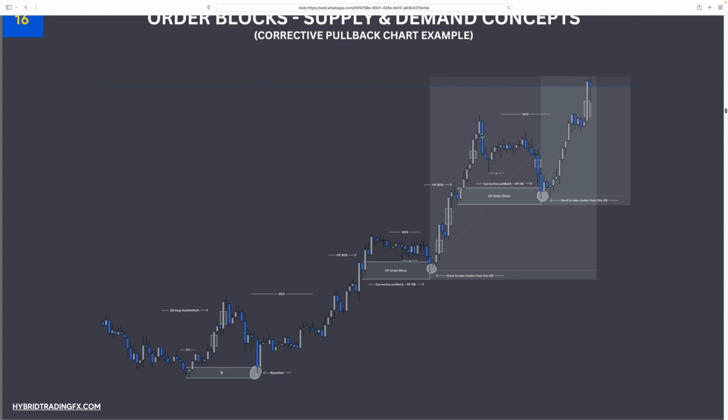Again, we are summing everything up, so in your head, what are you looking for? What kind of price action do you want to see in order to get involved in a trade, okay? So first, we had a weakness to the downside, an impulse to the upside, a reaction, higher highs in the market.